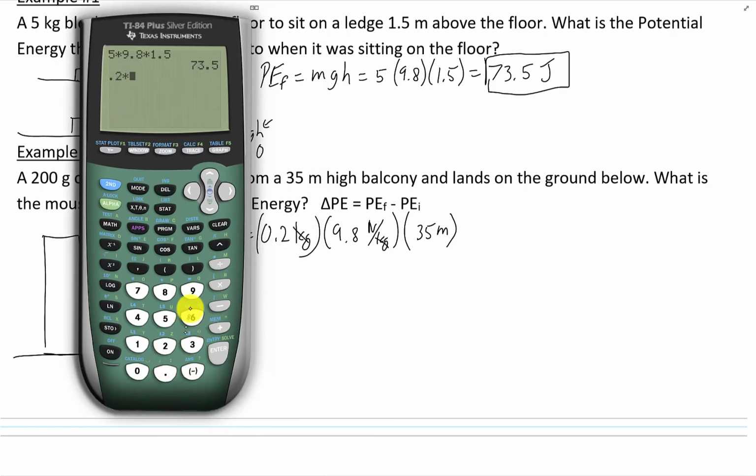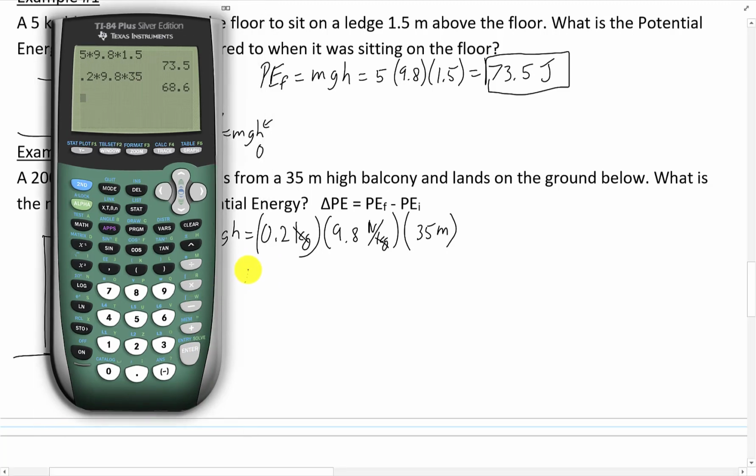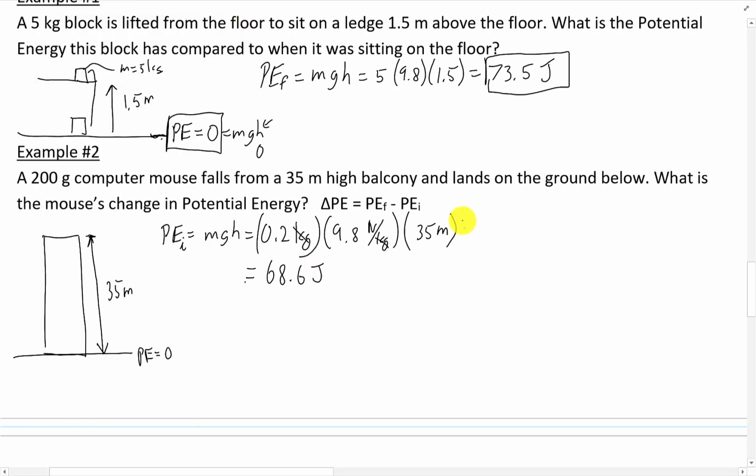Okay, so we'll multiply this: 0.2 times 9.8 times 35 is 68.6 joules. And that's the initial. The potential energy final is going to be 0 because it's on the ground at the end.